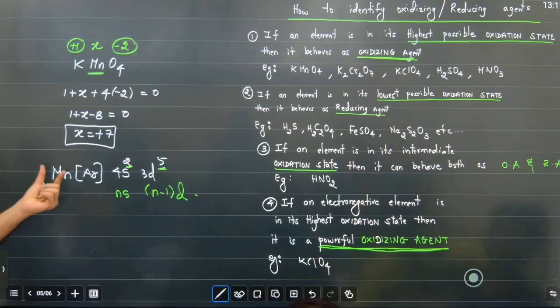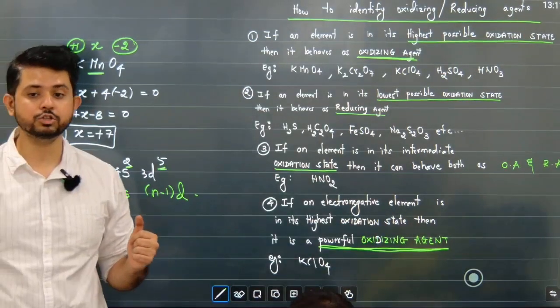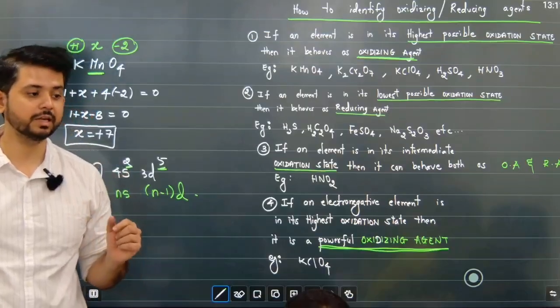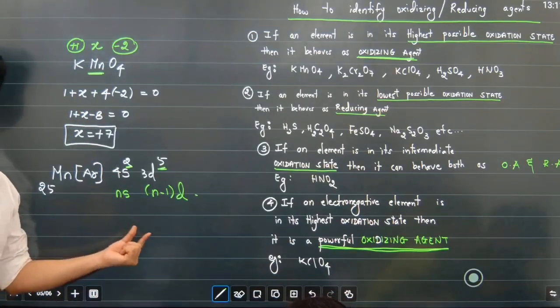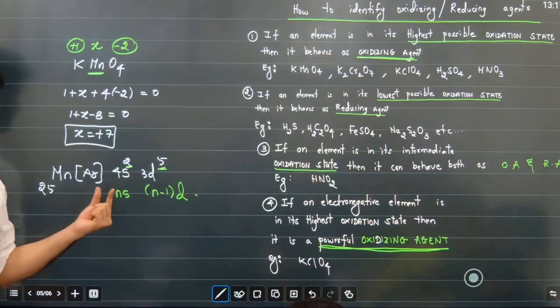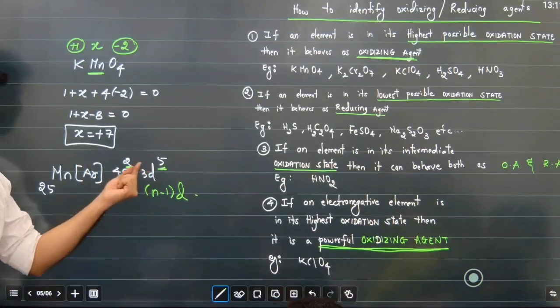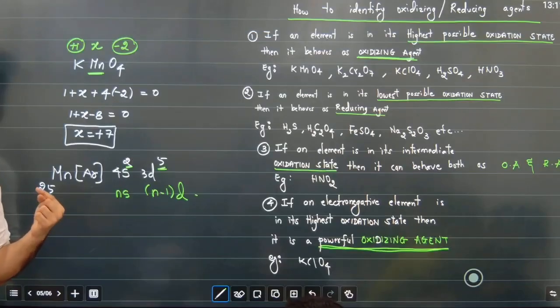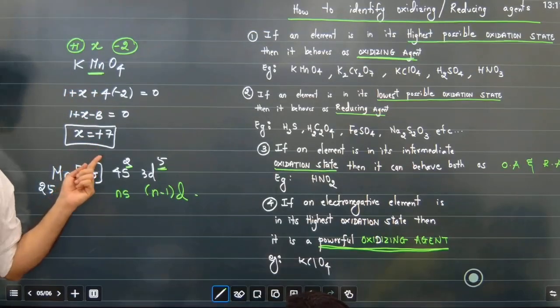I repeat, the maximum oxidation number that a d-block element can show is the sum of the electrons in its ultimate and penultimate shell, meaning ns and n-1 d. So 5 plus 2, 7. Manganese can show a maximum oxidation state of +7.